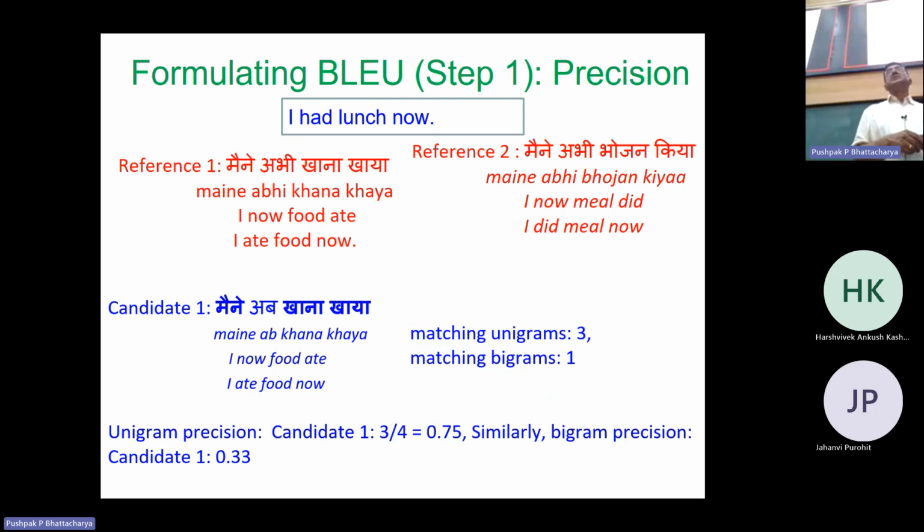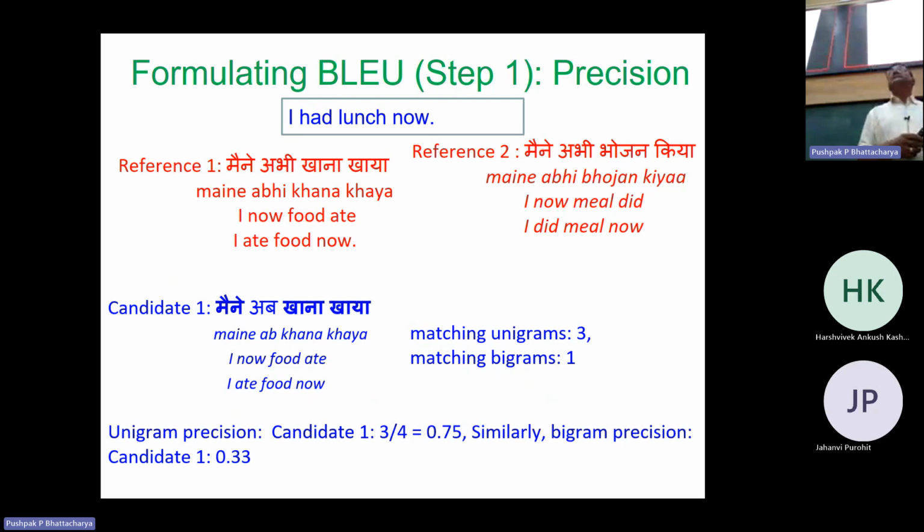Unigram matching corresponds to vocabulary match. The words in the translation should be captured. The translation of cat should be बिल्ली, not गाय, for example. So unigram mismatch percolates into higher n-gram mismatches. So that has to be remembered. Whenever we build translation systems, we try to make sure that the vocabulary match is good, first and foremost.